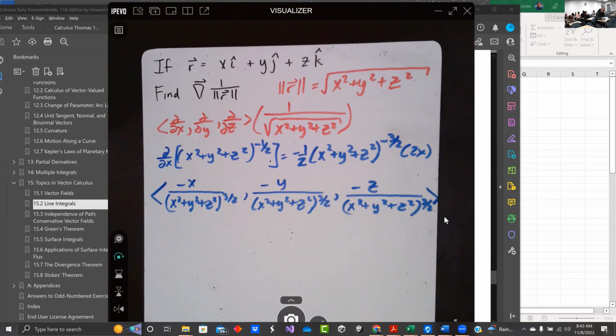Electrostatic force. That's Coulomb's law. These are called inverse square fields. We've got the radius squared on the bottom, and this is just the unit vector r. If I divide r by its magnitude, this is the unit vector of r.